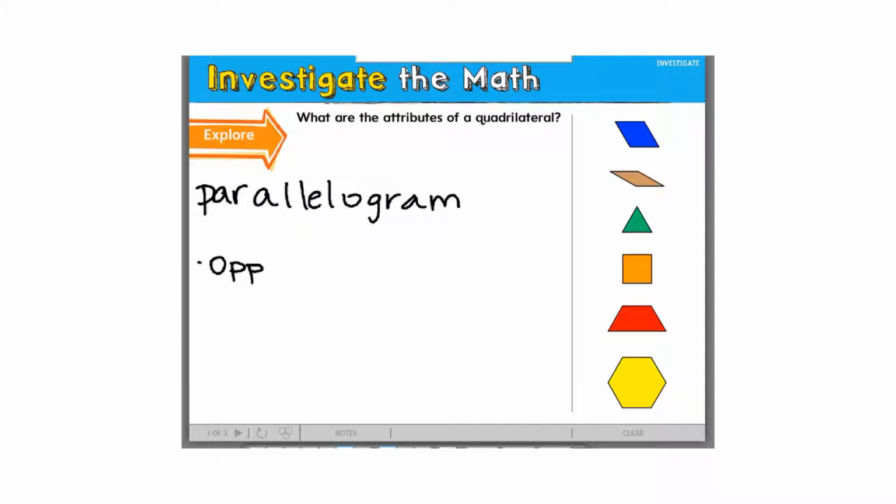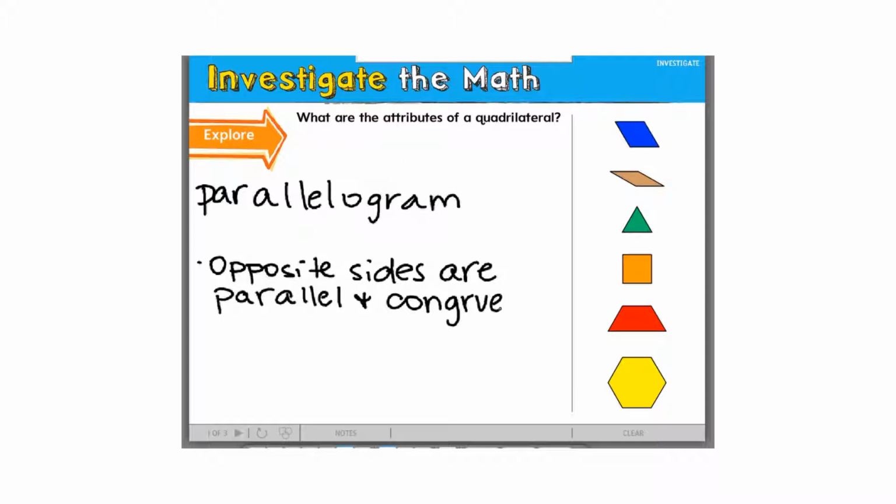So a rhombus is related to a square because all 4 sides are the same length, and a parallelogram is related to a rectangle because opposite sides are the same. Doesn't have to have 4 right angles, but opposite angles are congruent.